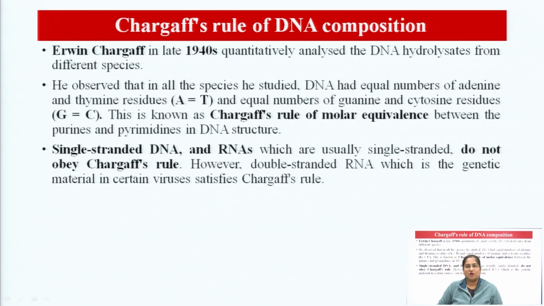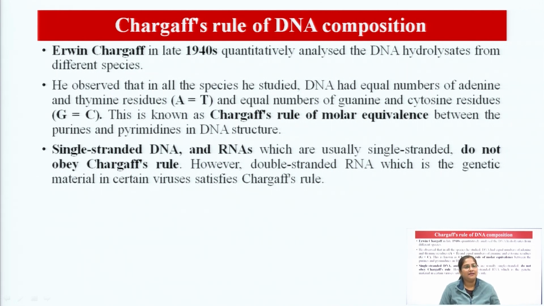And now let us talk about Chargaff's rule. What is Chargaff's rule? Chargaff's rule is very important and was asked many times in the examination. There was a scientist called Erwin Chargaff in the late 1940s. He quantitatively analyzed the DNA, and his observation was that there is a molar equivalence between purines and pyrimidines.